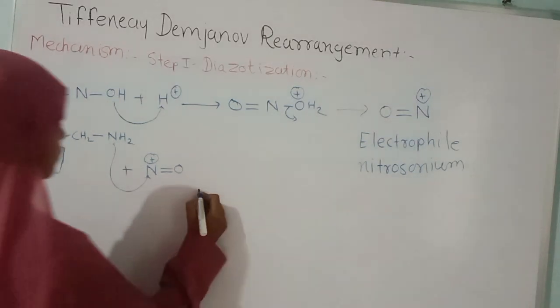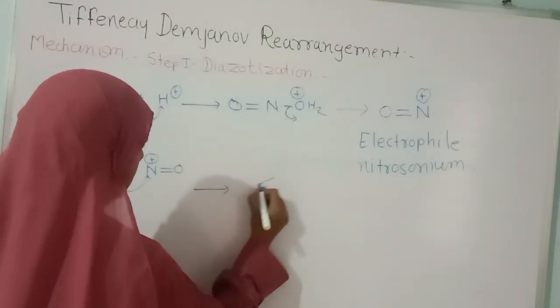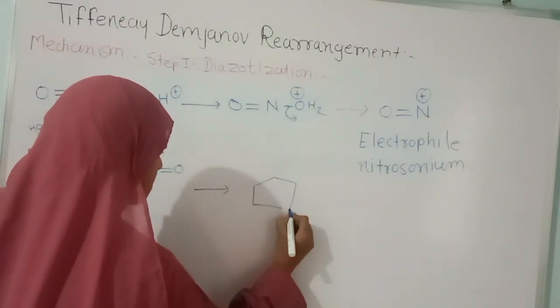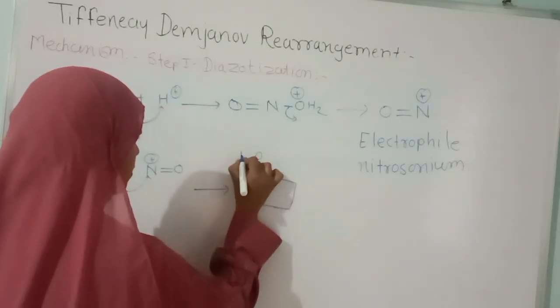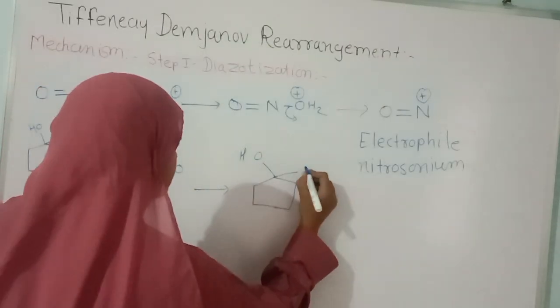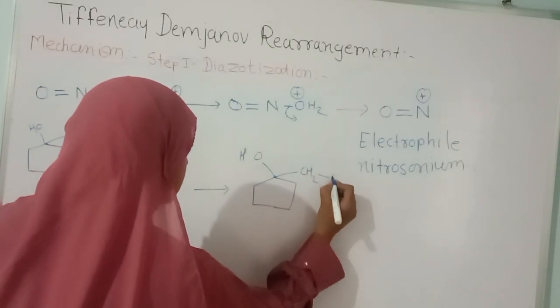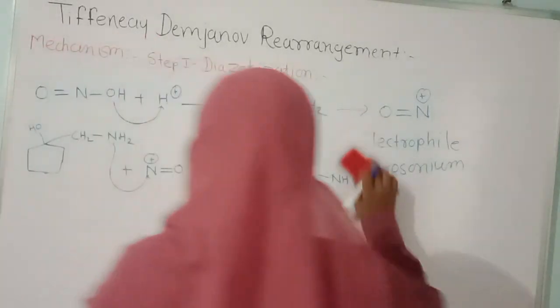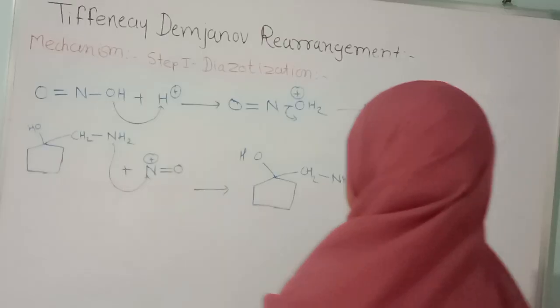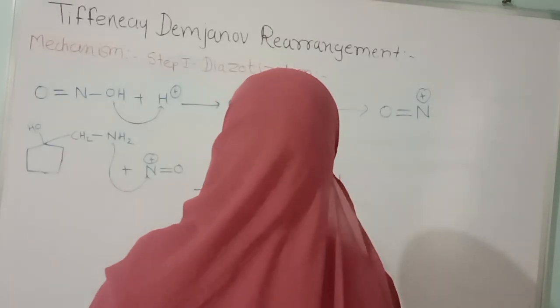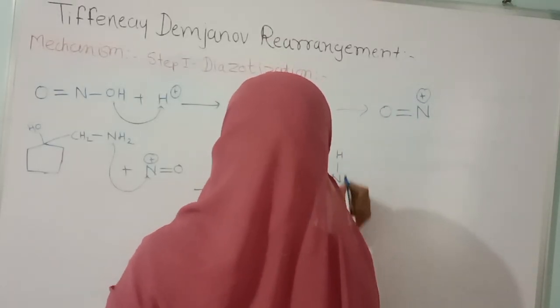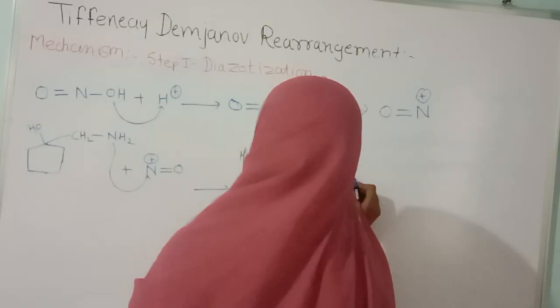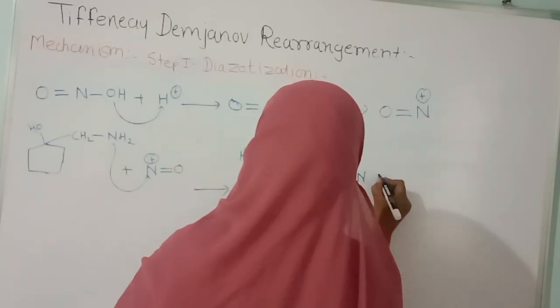Then we get this type of moiety, which donates a lone pair.